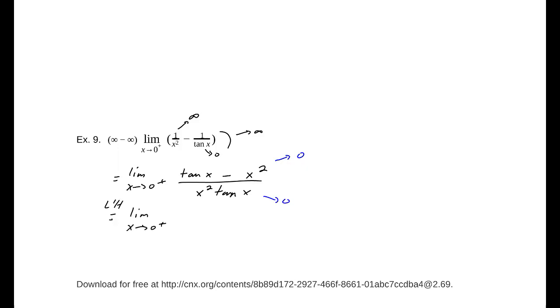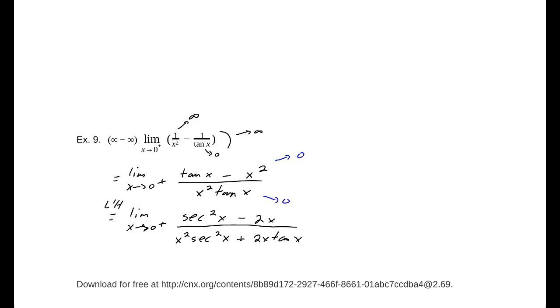Okay, we approach 0 from the right. Let's go ahead and take the derivative. So the derivative of tangent is secant squared x minus 2x for the x squared. And the product rule will give us x squared secant squared x plus 2x tan x.